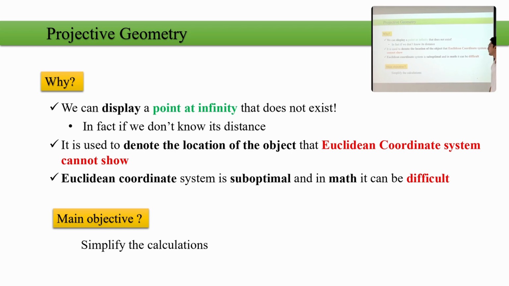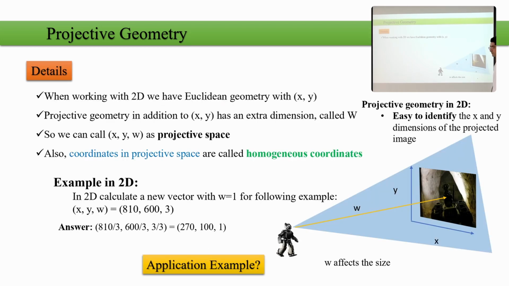So basically, we want to simplify the whole calculation. For example, if you have a look at this image, the robot sees some view of the environment, and this view can change when the robot is moving. Like I'm at a point in this coordinate, I move a little bit, and I see again. Everything is the same, but it is changing.